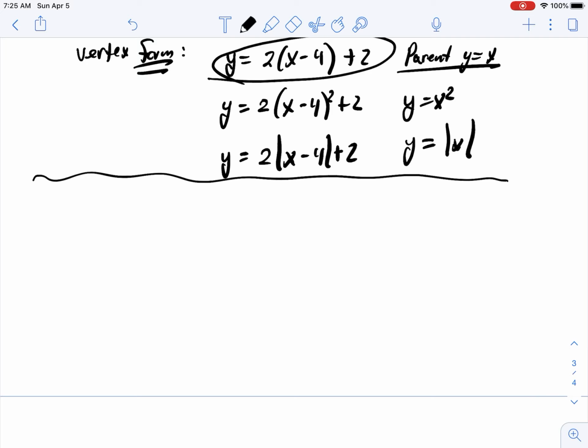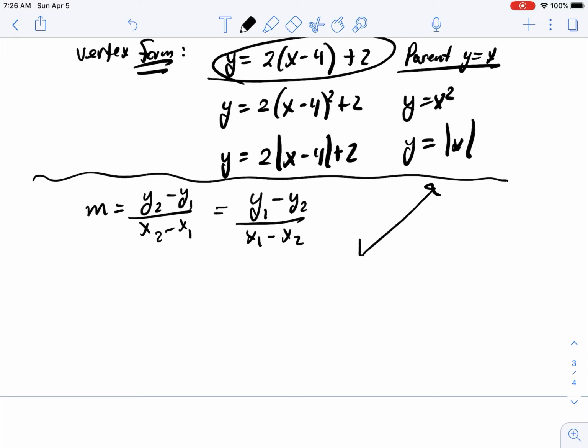Now, before I close here, I do want to point out something. If you notice, as I write the equation, it's always y2 minus y1 over x2 minus x1. Some people will say, well, isn't that the same thing as this? And the answer to that is yes and no. If you're talking about an equation of a line, you're going in both directions, so it really doesn't matter which way you do it.